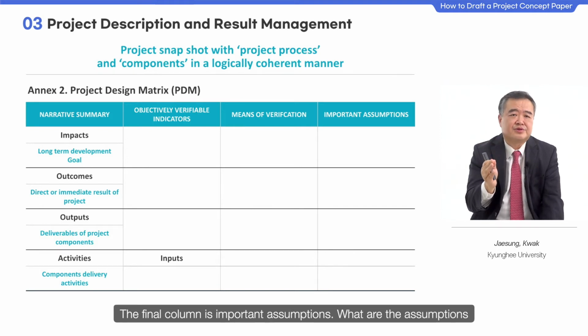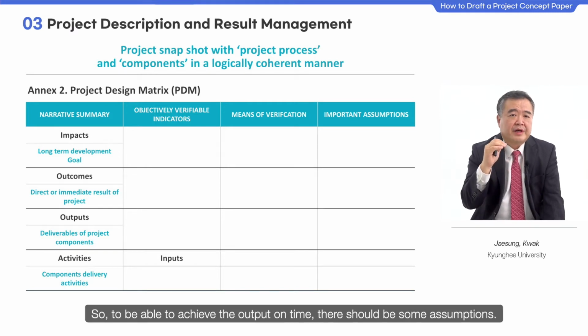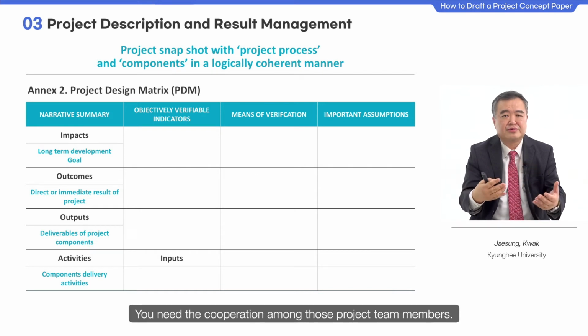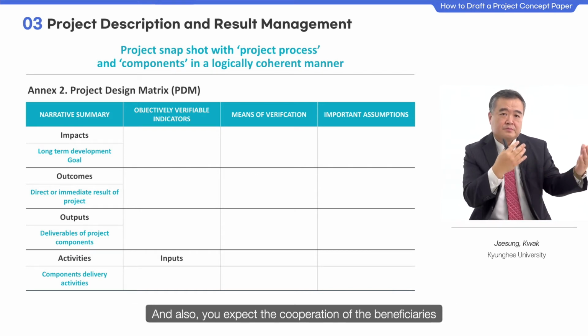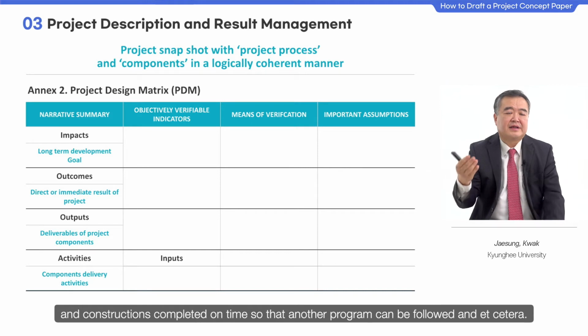What are the assumptions to achieve each stage in your project? To be able to achieve the outputs on time, there should be some assumptions. You need the cooperation among the project team members, and also you expect the cooperation of the beneficiaries and constructions completed on time so that other programs can follow, and so on.